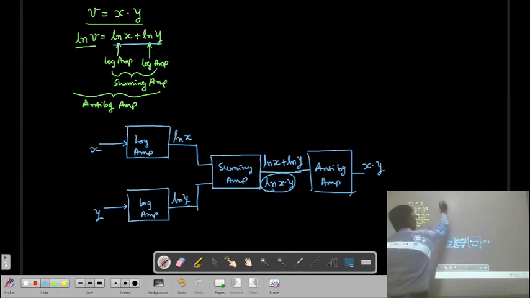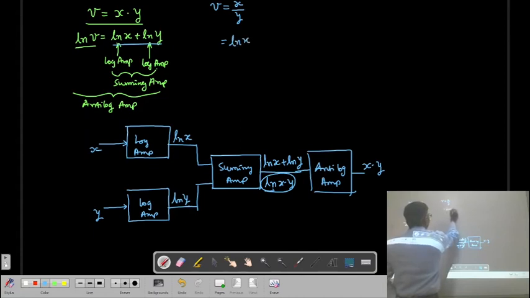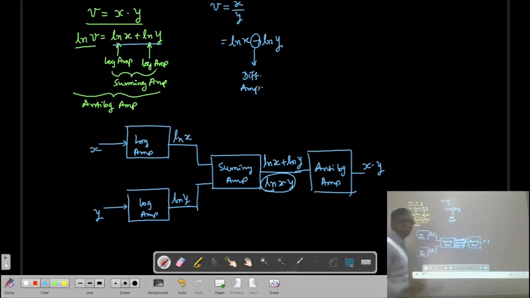Now suppose you want V is equal to x by y, meaning the division of the two voltages is required. This can be written as ln x minus ln y. Here, due to this negative sign, you require a difference amplifier. Remember, you require a difference amplifier. So in this diagram, we can modify this.